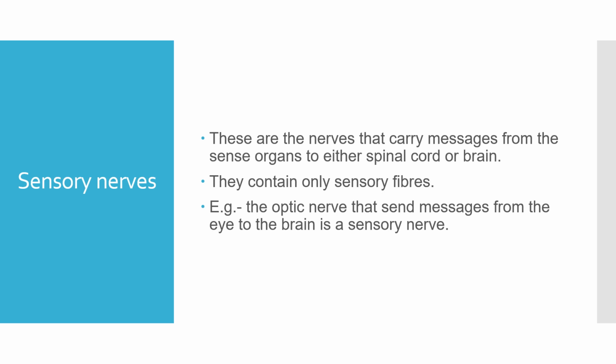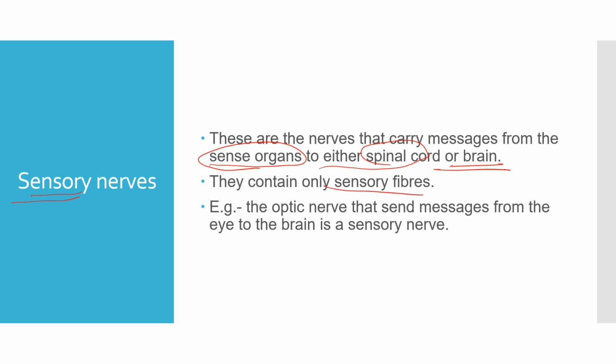Sensory nerves are the nerves that carry messages from the sense organs to the spinal cord and the brain. As the name suggests, they carry messages from the sense organs to either the spinal cord or the brain. Suppose you are touching some hot object, from the sense organ, the skin, the message is transmitted to the spinal cord or the brain.